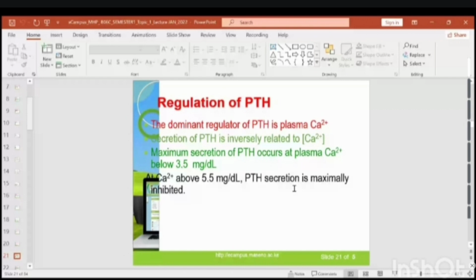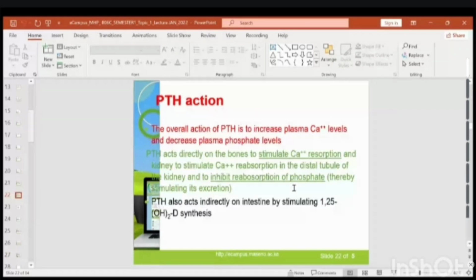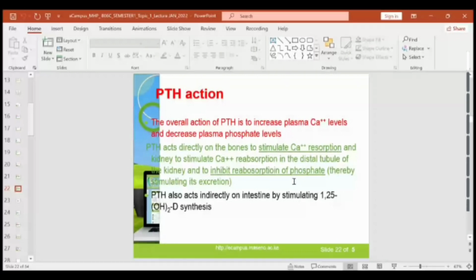What does it do? Let's see the action it does. The overall effect is to increase the plasma calcium level, and in the process it has a negative effect on the phosphate, but for now let's focus on the calcium. How does it achieve that? It acts directly on the bone to stimulate calcium resorption, and it also acts on the kidney to cause reabsorption of calcium from the distal convoluted tubule.